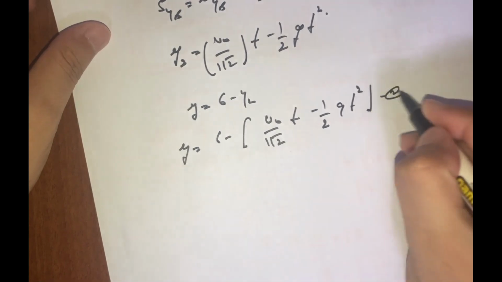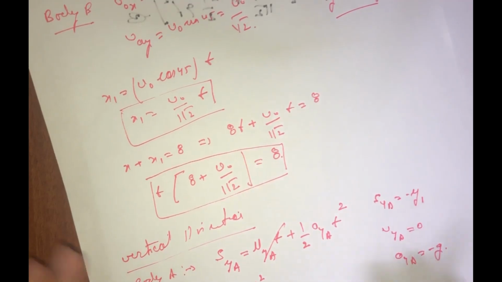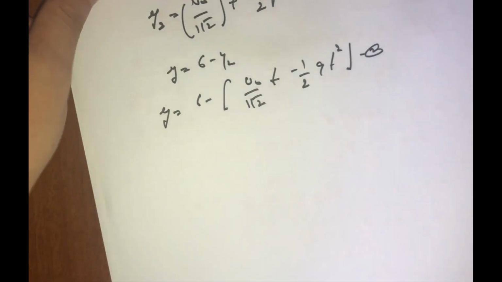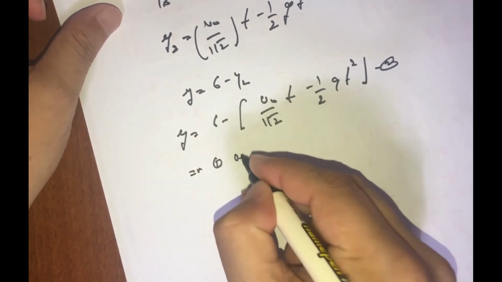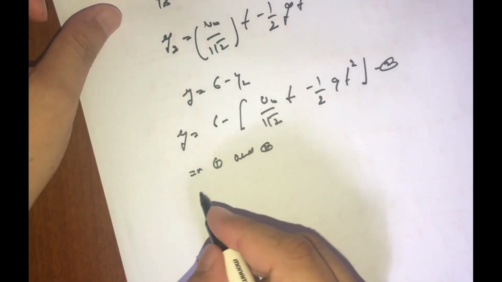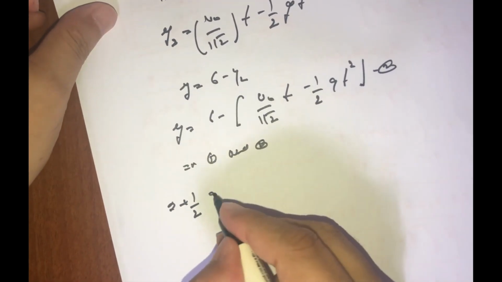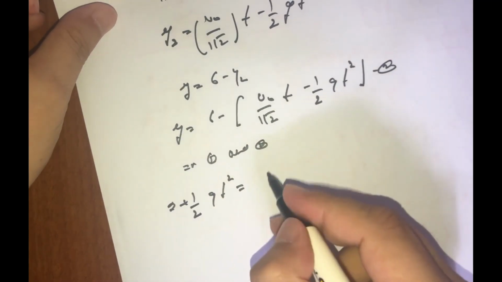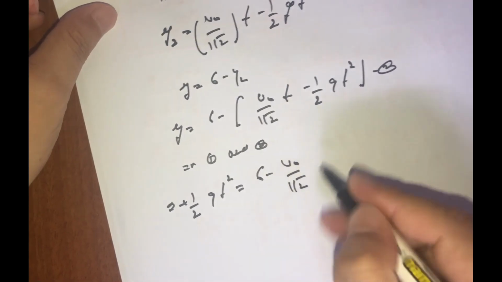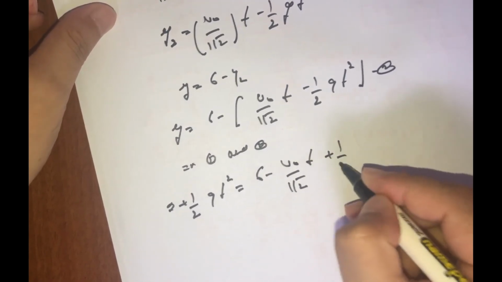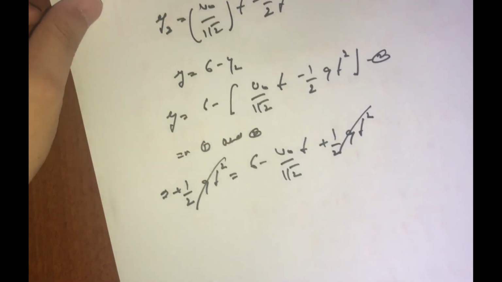Let us suppose this is equation number 2, and let us call the other equation number 1. So equating equation 1 and 2, we are going to get 2 plus half g t squared is equal to 6 minus V0 root 2 t plus half g t squared. g t squared cancels out.